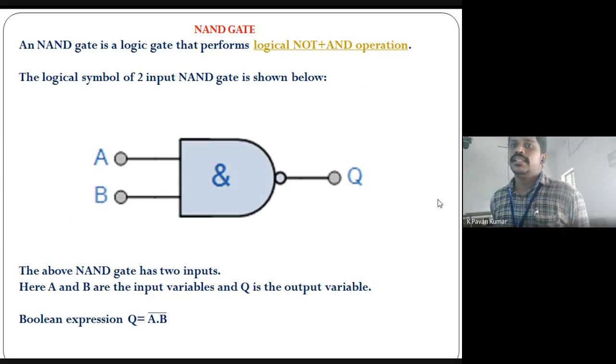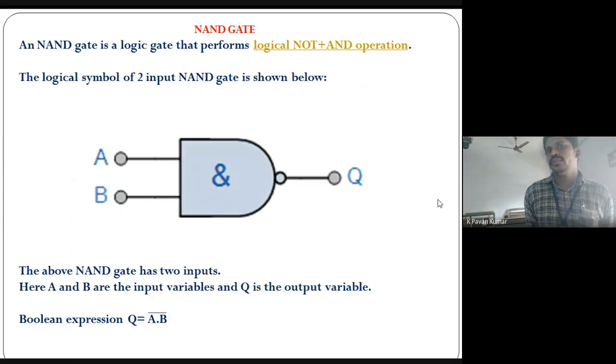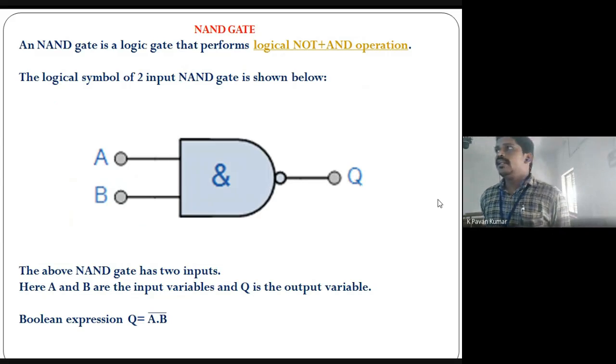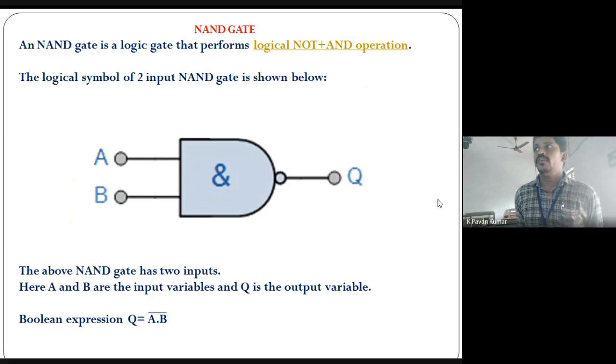NAND logic is a logic gate that performs logical NOT and AND operation. This gate is also a combination of two gates, an AND gate and a NOT gate. Look at the symbol of the NAND gate. We use only two inputs A and B and get only one output Q equal to A dot B whole bar.